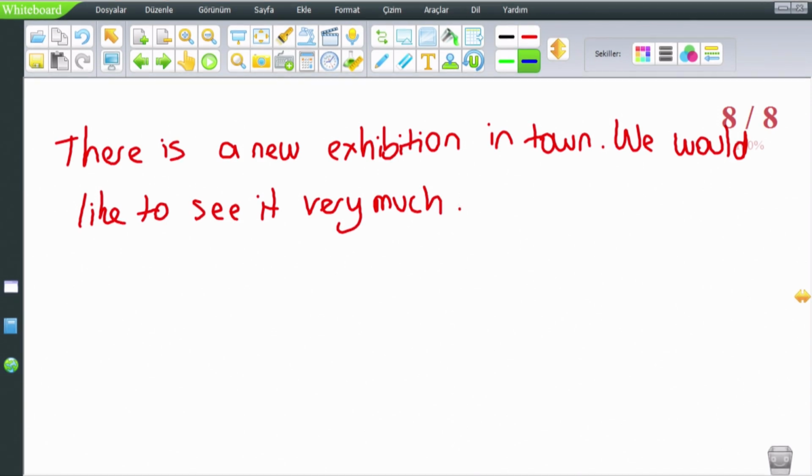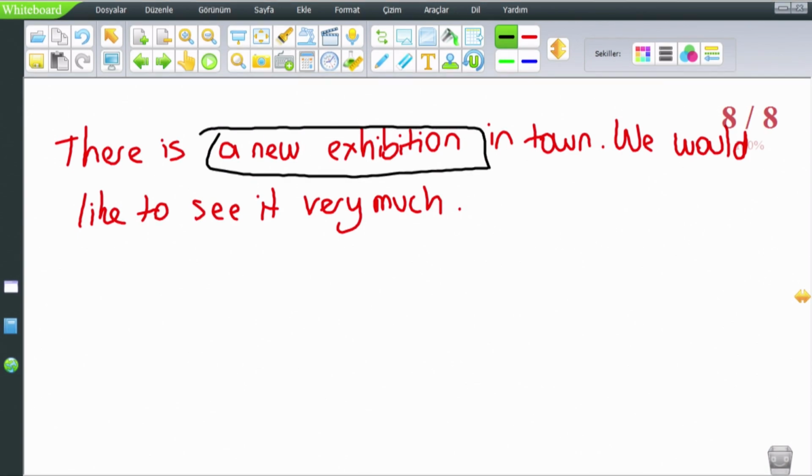Now, in this one, I don't have the same figure of speech in the subject position, but rather what is common is an object. As you can see, there's a new exhibition in town. We would like to see it very much.